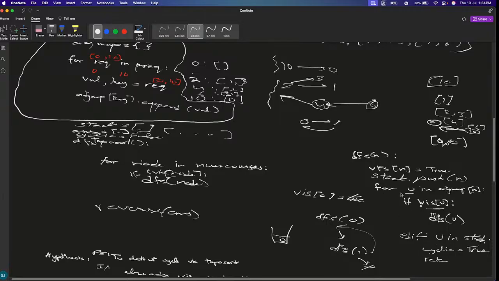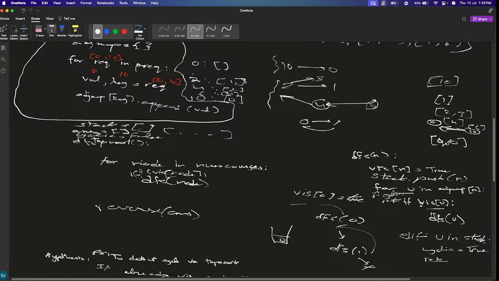Okay, we can also add a condition: if cyclic, return. It'll keep breaking immediately, and in the end it will return this. It'll come over here.